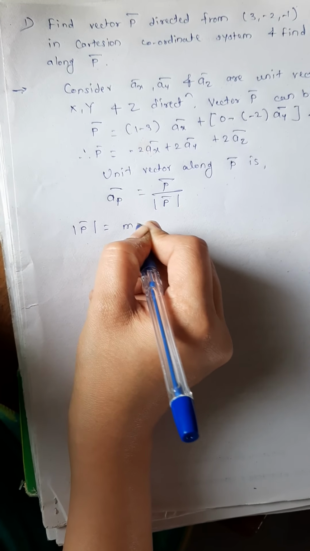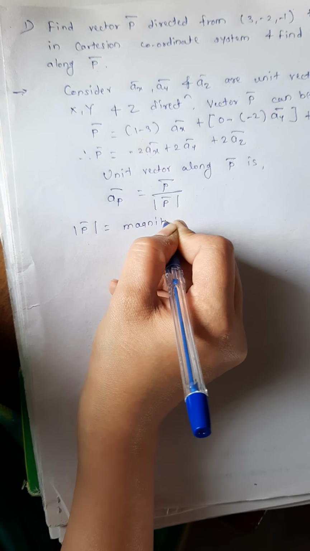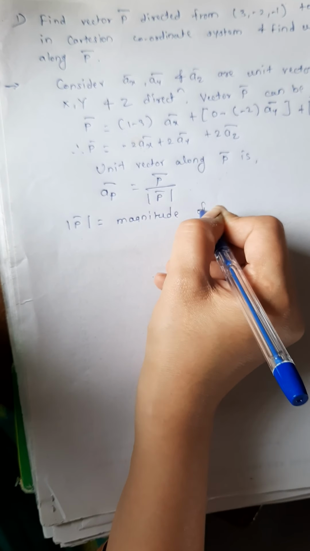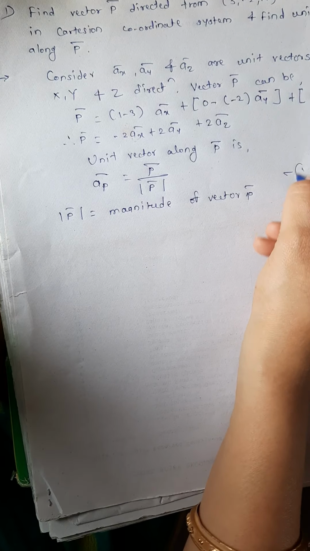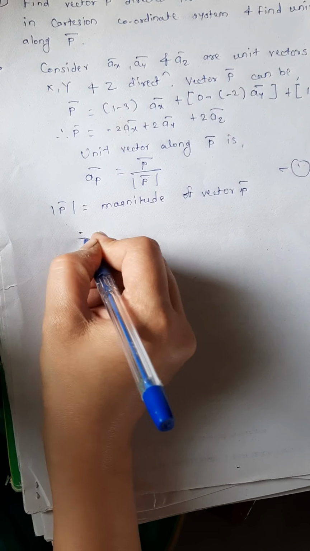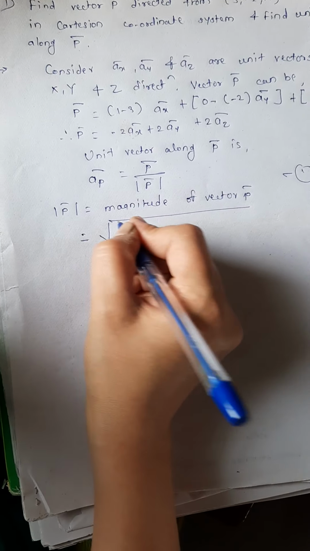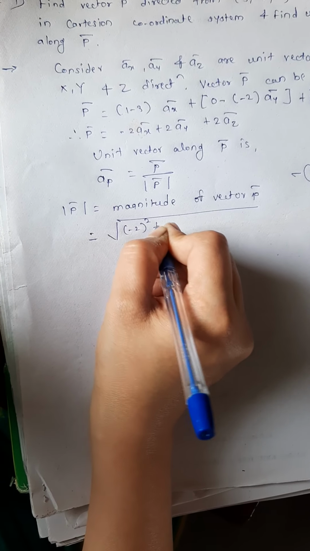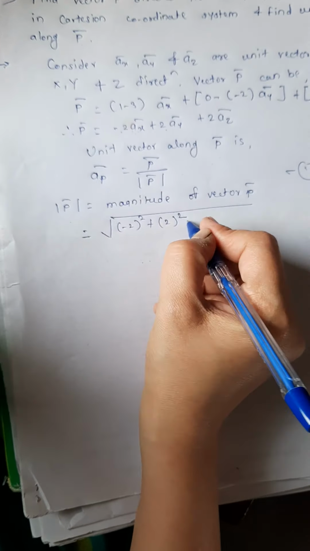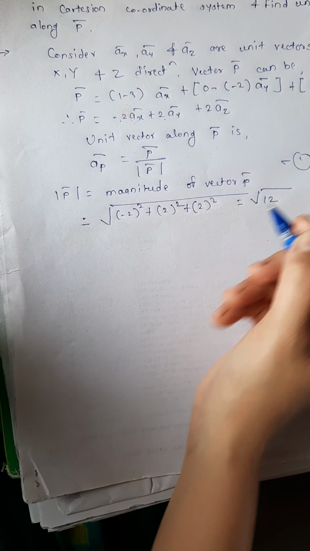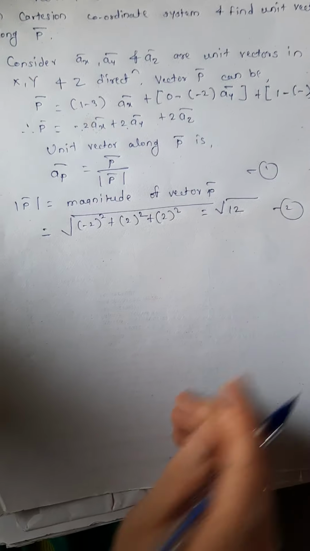It is the magnitude of vector p bar. This is equation number 1. So the magnitude of vector p is square root of minus 2 square plus 2 square plus 2 square. So it is square root of 12. This is equation number 2.